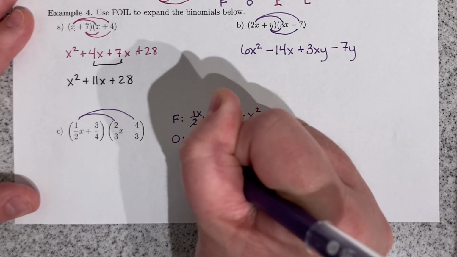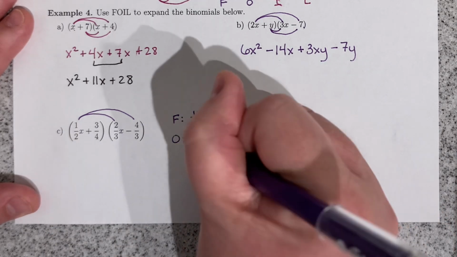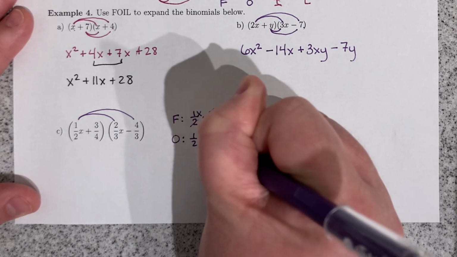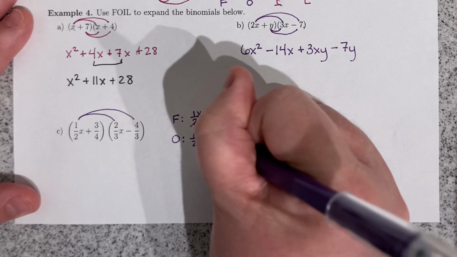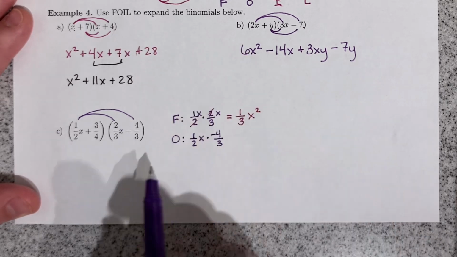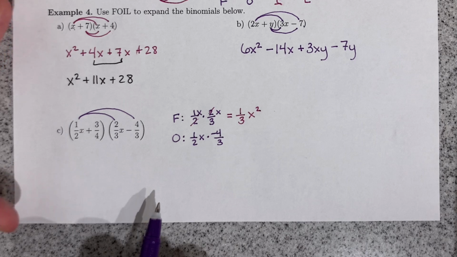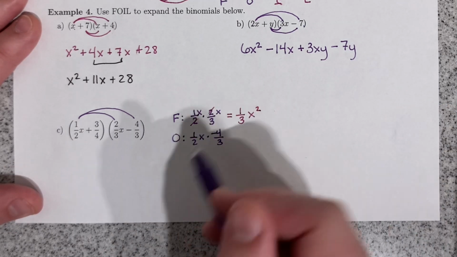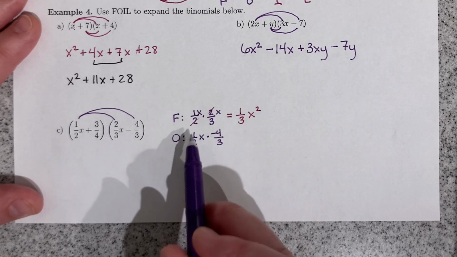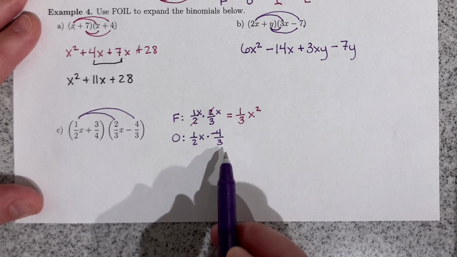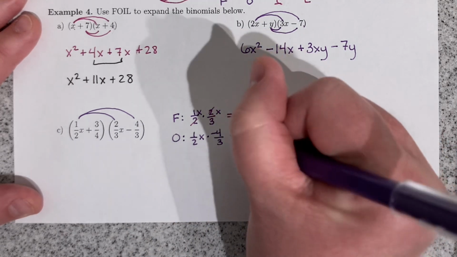Okay, let's do the outside. That would be 1/2 x times negative 4/3. If you have a fraction that's negative, put the negative with the top number, always. Now, if you don't like the whole canceling before, you could also multiply first, but then you would need to reduce your fraction.